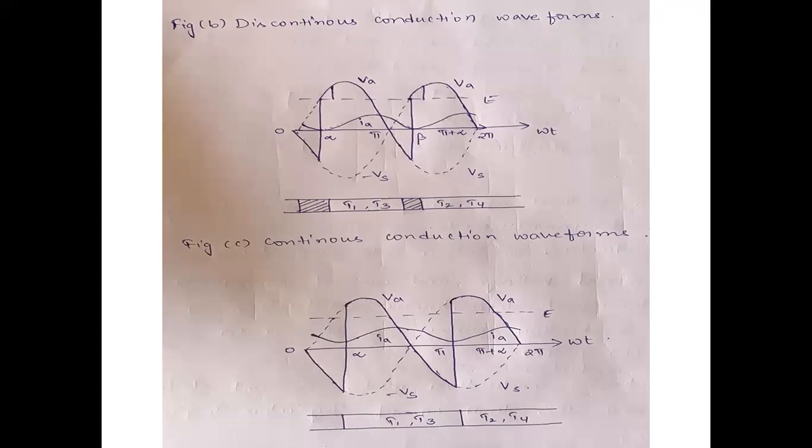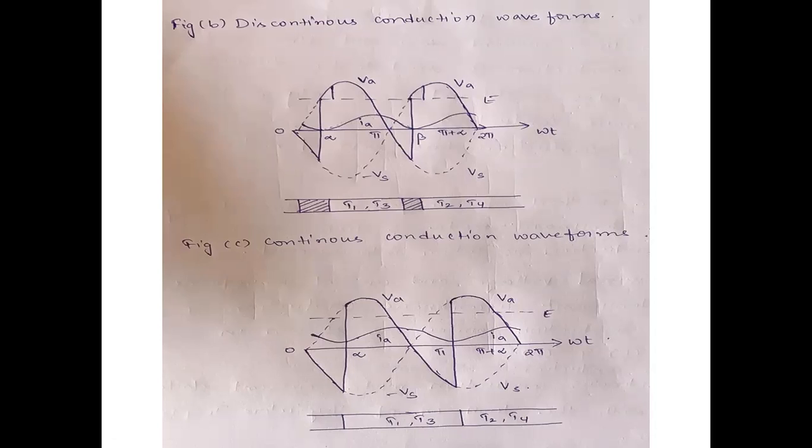After omega t equal to pi, the current starts to fall from that value, still against E and the source voltage, and it decreases to 0 at beta.